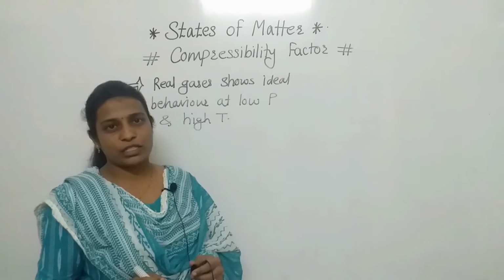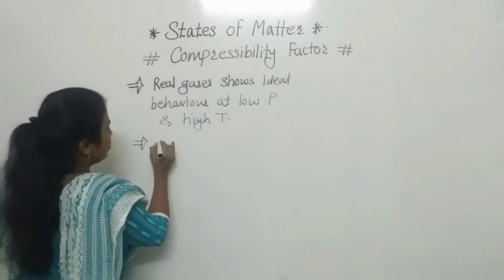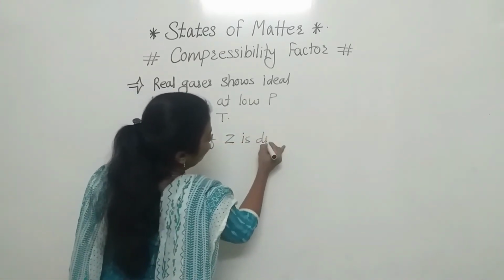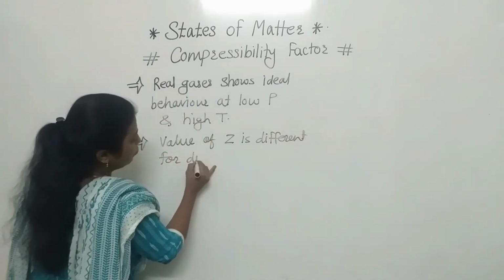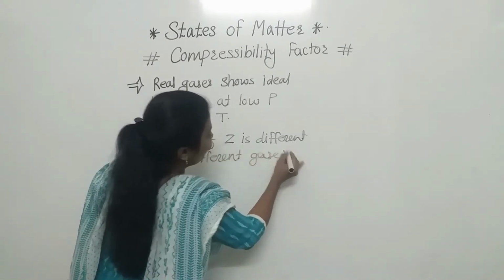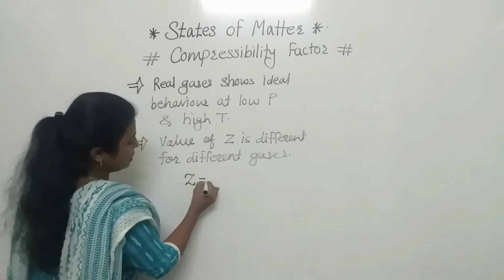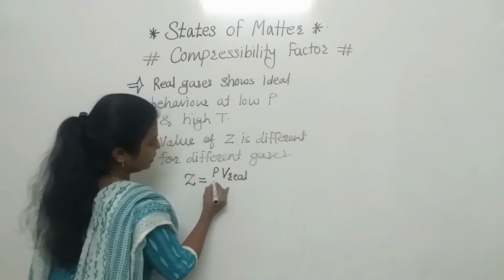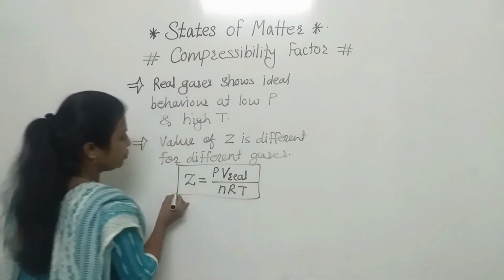The value of Z is different for different gases. So from that we can write one equation: Z is equal to pressure into volume, where the volume is for the real gas, divided by nRT. This is the one equation we got.